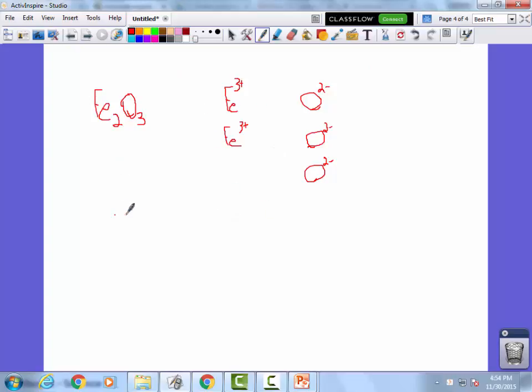So we call this iron(III) oxide, with the Roman numeral 3. We designate this Roman numeral to tell us what ion charge our metal has.